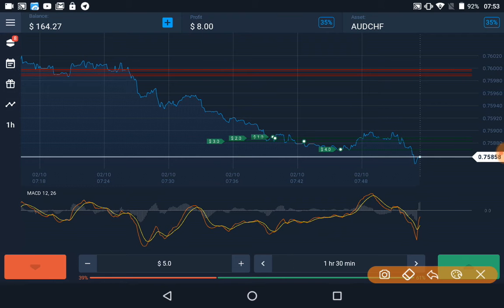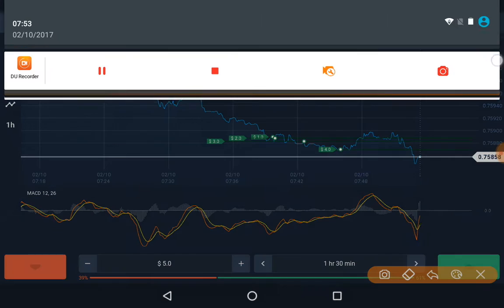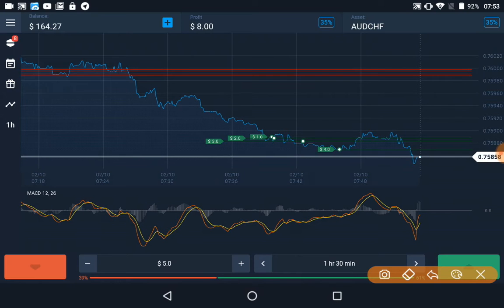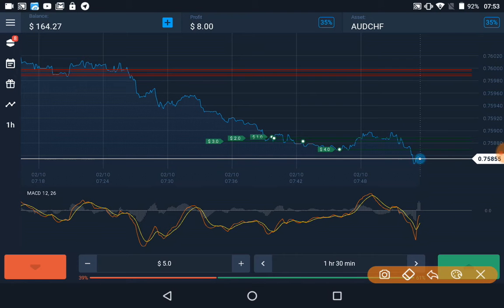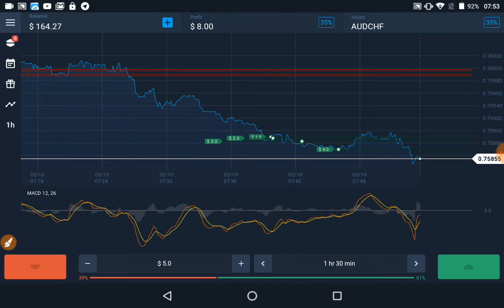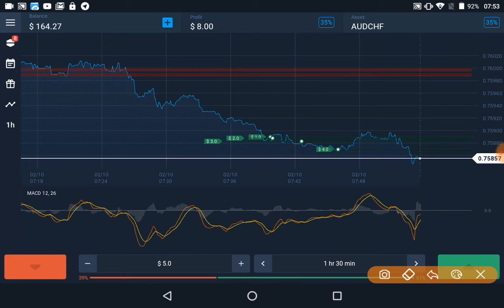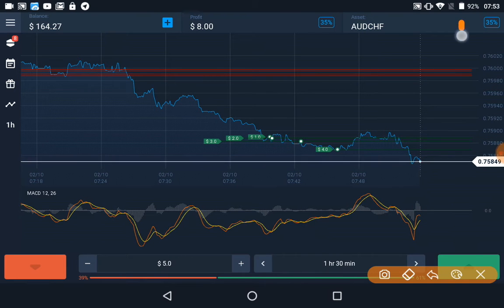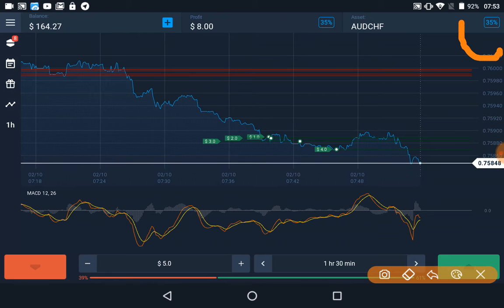Also you can see when I started betting, okay, that was terrible. But if you can see this part, that is my maximum profit of 35% at this point in time.